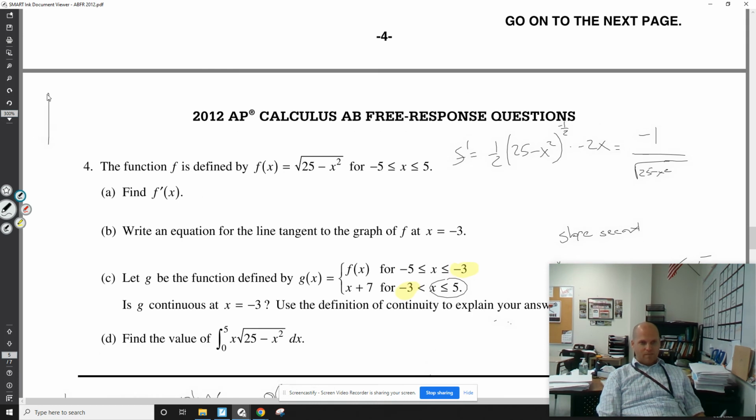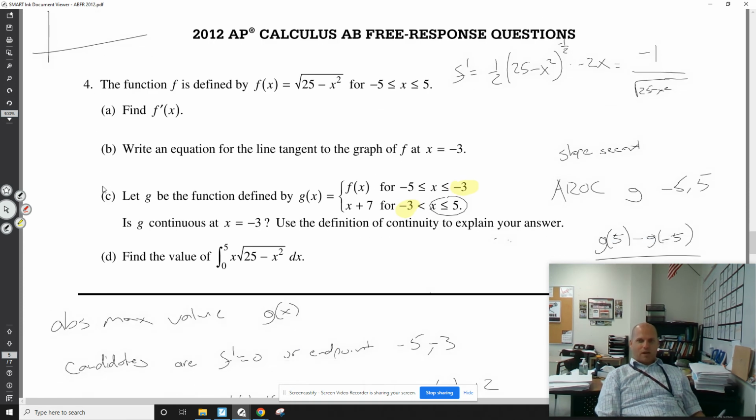If you think about a circle, over here is a vertical tangent, over here is a vertical tangent. I'm going from -5 to -3. Since I know it's a circle, again, I know it's increasing. So if it's increasing, why is the derivative negative?